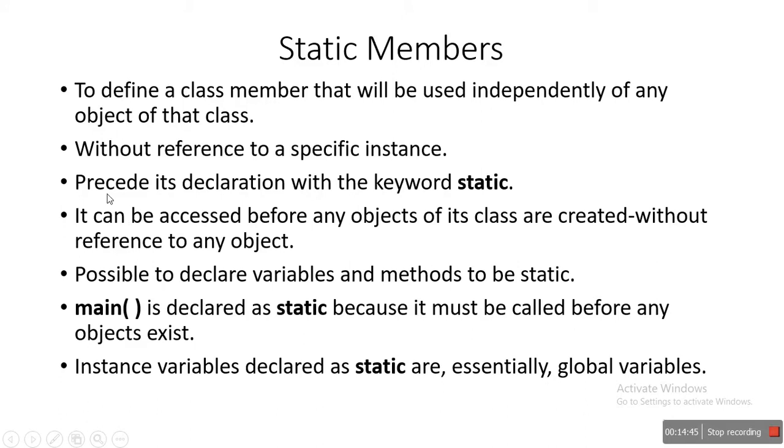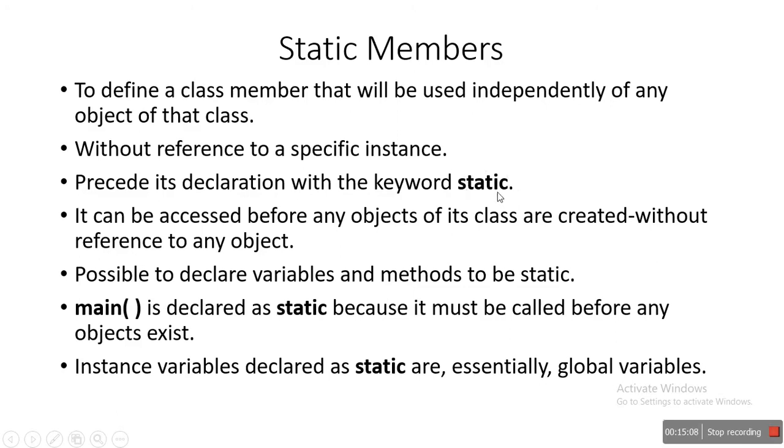Okay. So now, how do we declare static members? You can have static data members and static methods also. So how do we declare them? Precede the declaration with the keyword static.